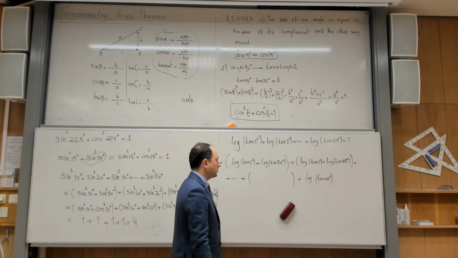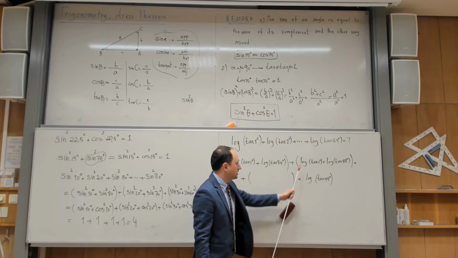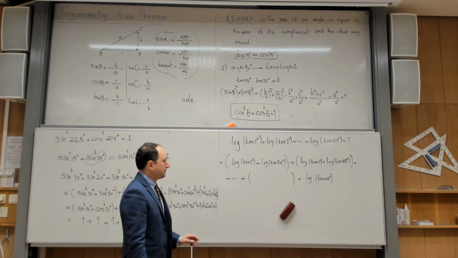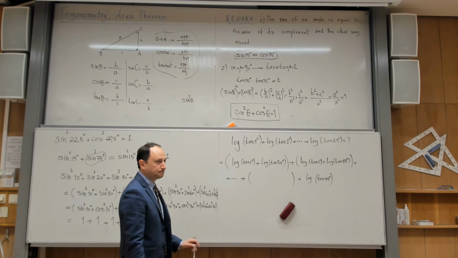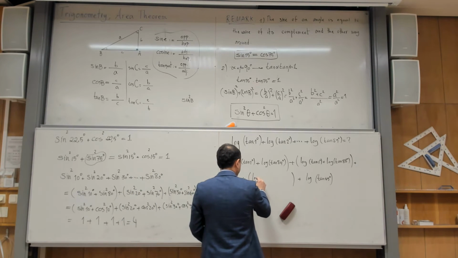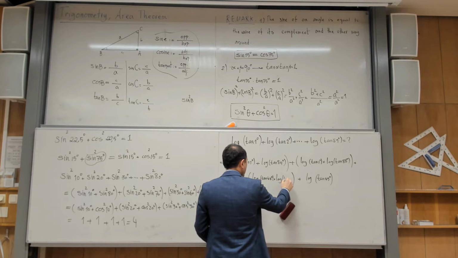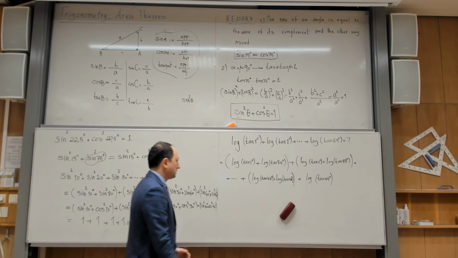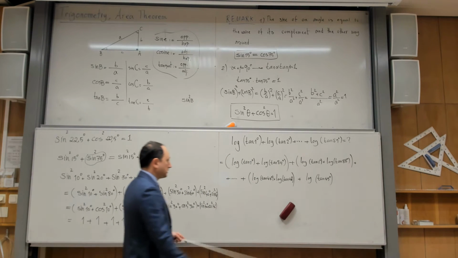Can you predict what will happen if I continue this list? I will go up to where? 44, 46. Yes. So logarithm of tangent 44 degrees plus logarithm of tangent 46 degrees.